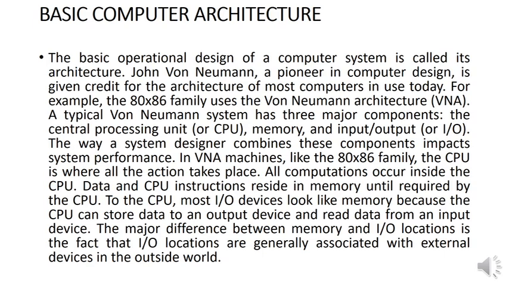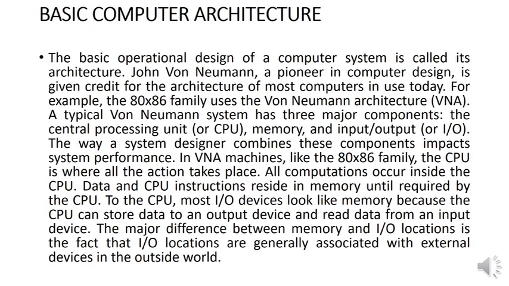In a von Neumann architecture machine like the 80x86 family, the CPU is where all the action takes place. All computation occurs inside the CPU. Data and CPU instructions reside in the memory until required by the CPU.